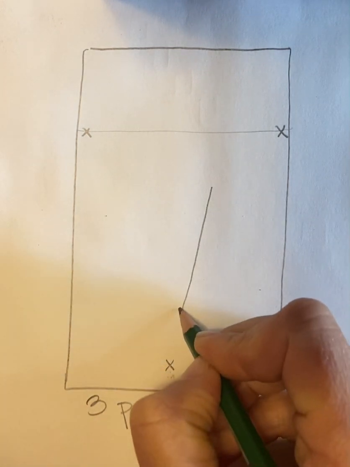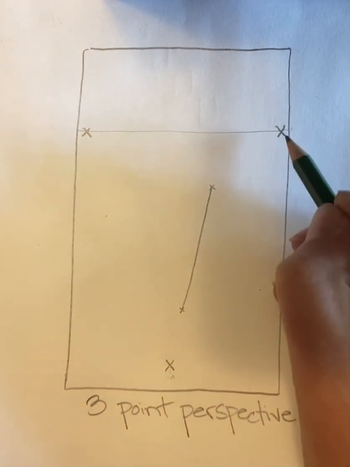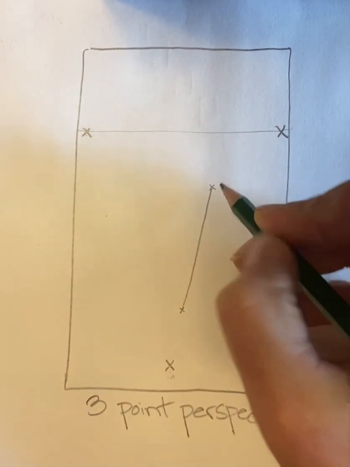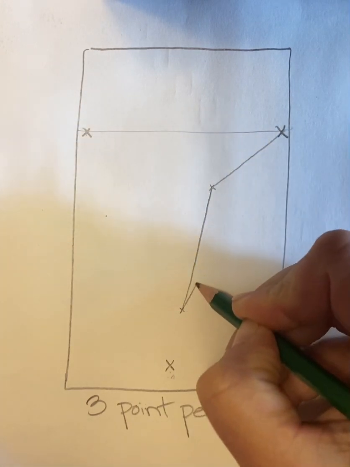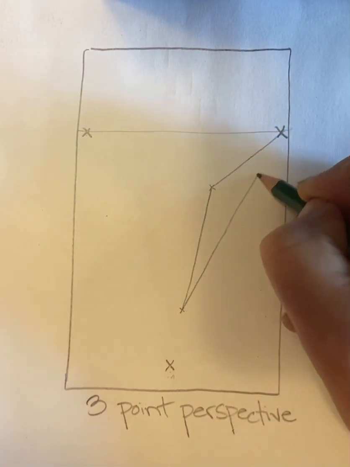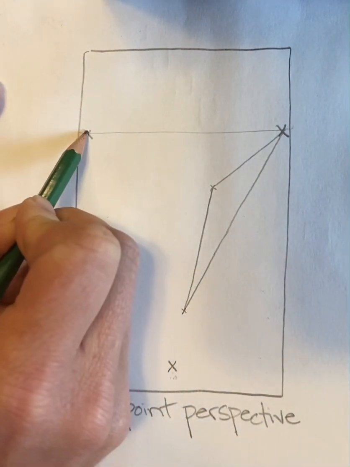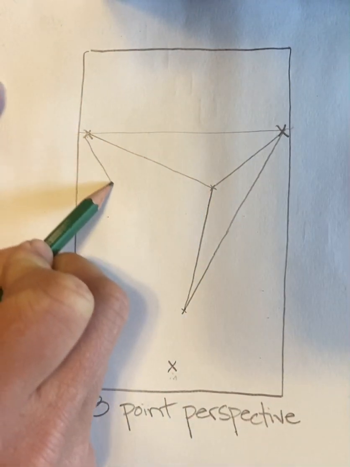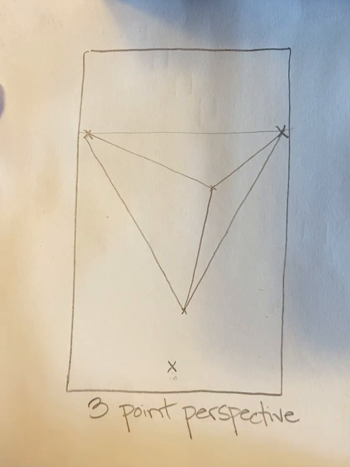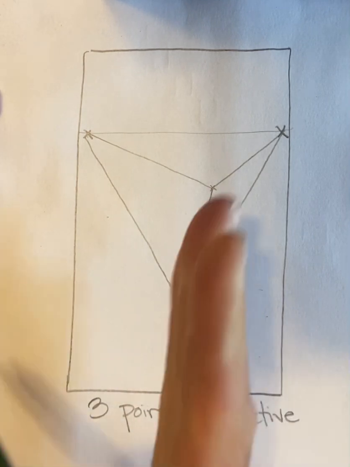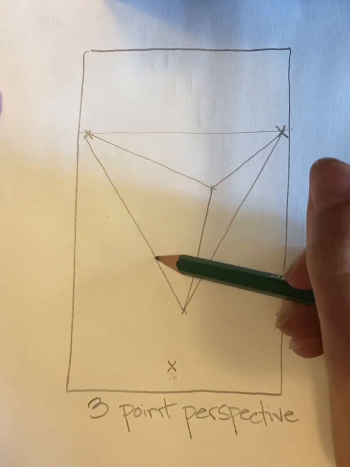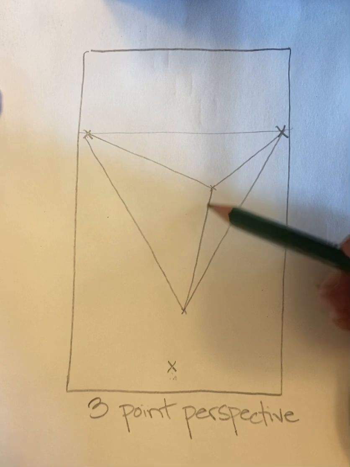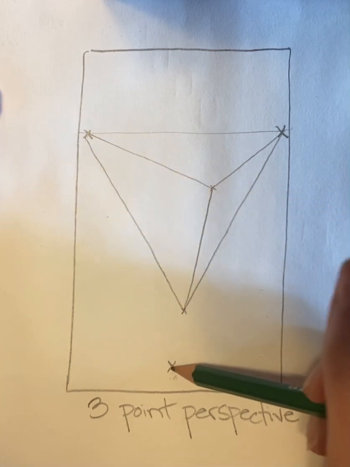Just like in 2-point, we're going to take the bottom of this line and the top of this line and go towards our 2 vanishing points on our horizon line. Use your ruler if you need to. We are now going to cut our shape off, except this time, when we cut our shape off here and here, they aren't going to be vertical or even parallel to this one, because they're all going to be orthogonal to your bottom vanishing point.